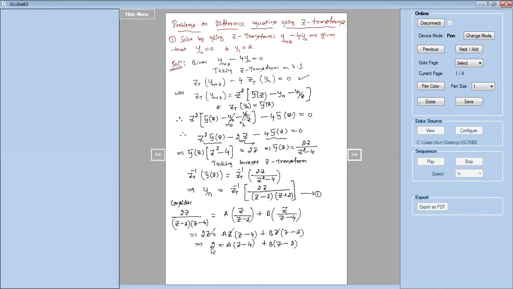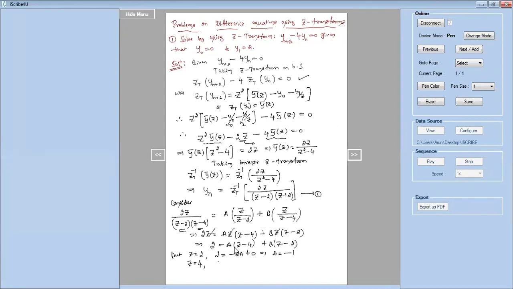Now put the value for z. Put z equals 2 and z equals 4. There are two roots here, correct? If I put 2 here, the left side is 2, and on the right side 2 minus 4 is minus 2, so it is minus 2A and B becomes 0. So A is equal to minus 1.